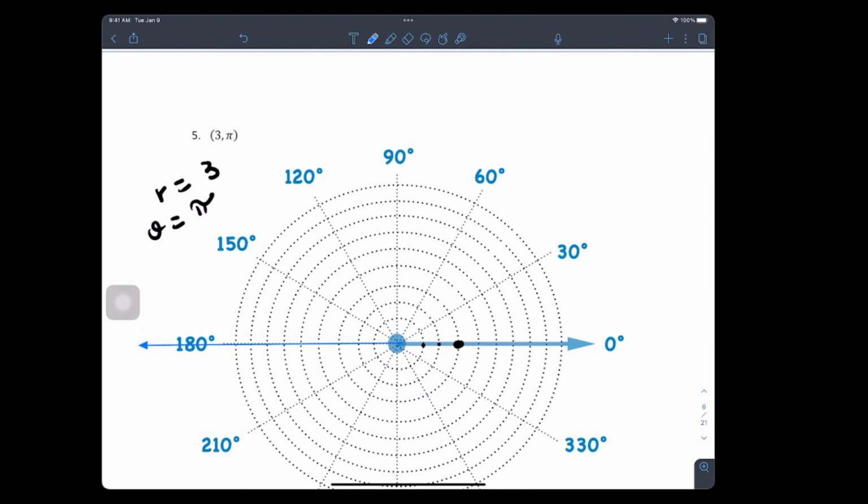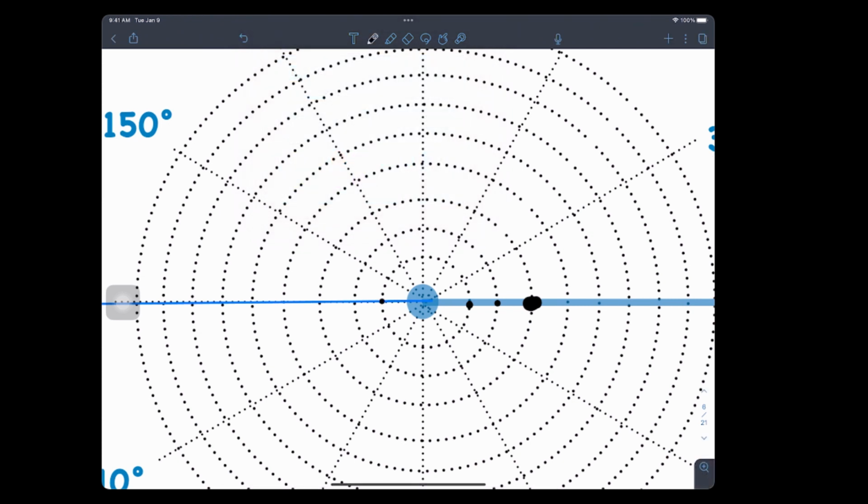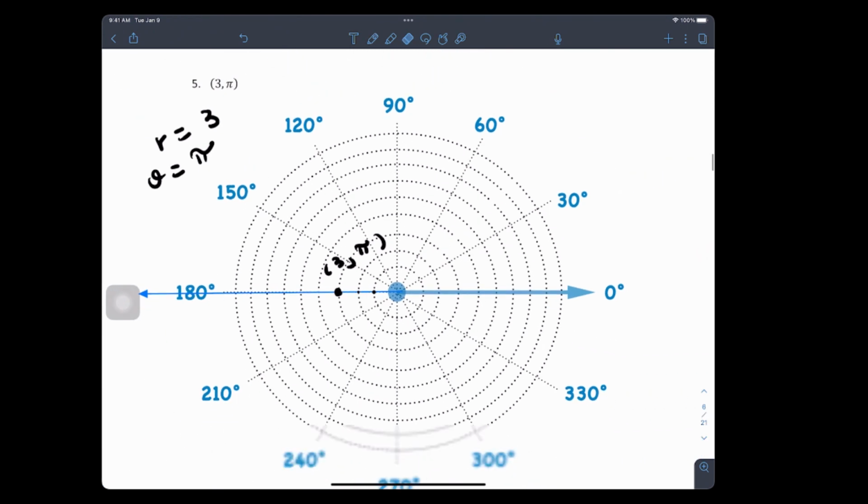Where's your radius value going to be? 1, 2, 3. So this is 3 comma what? Pi. And that's the location of this point if we want to name it P.